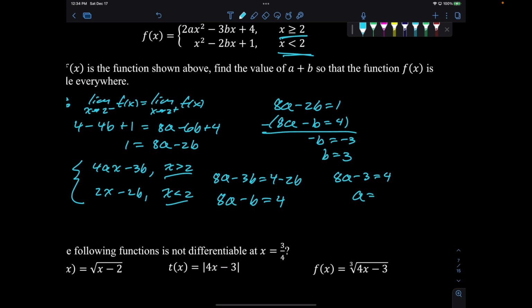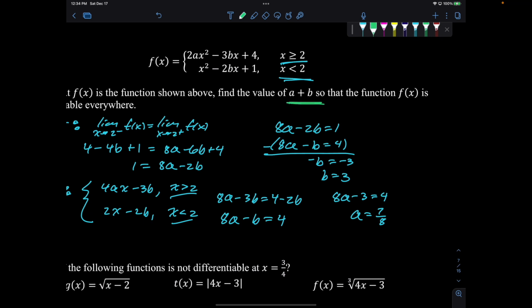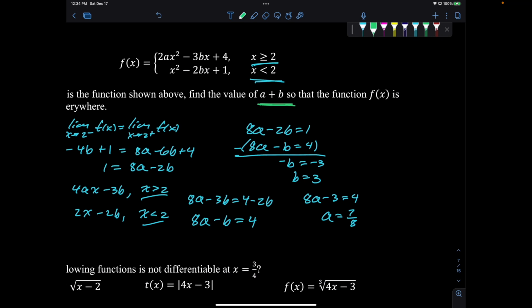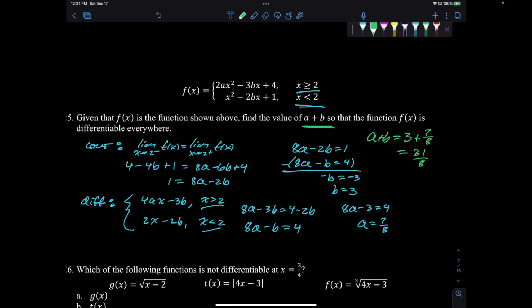So a is 7/8. This is annoying because then we have to find a plus b. So a plus b is 3 plus 7/8, which is 31/8. Should we check that on a calculator? Maybe. And if I get it wrong, I'm going to leave it in and correct it.